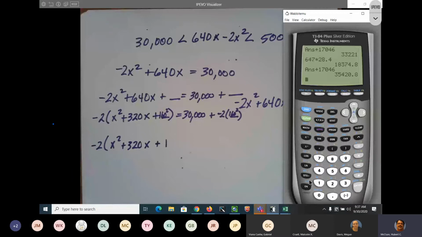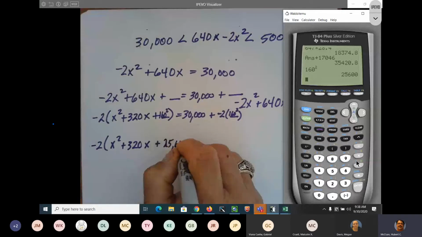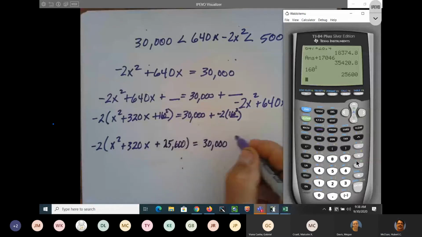160 squared. 25,600, how about that? 25,600 equals 30,000 minus, that's going to be 2 times that. I'm thinking out loud.